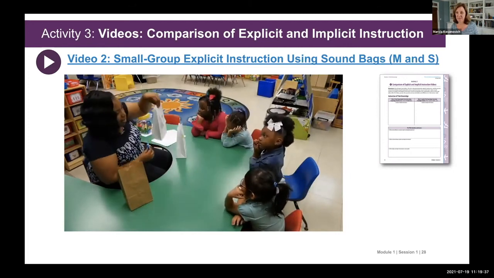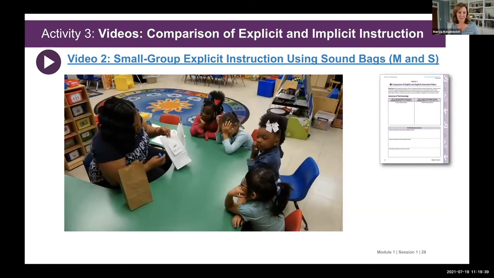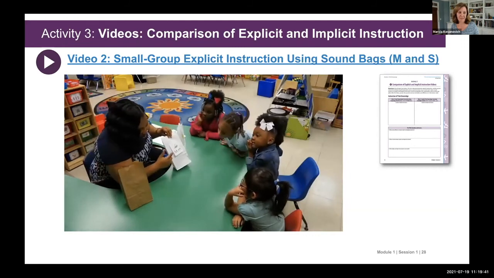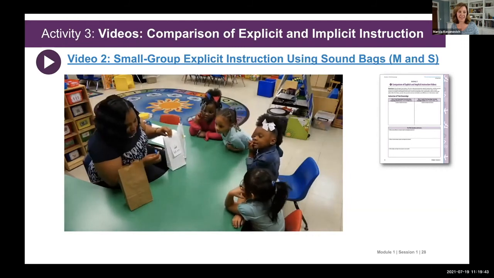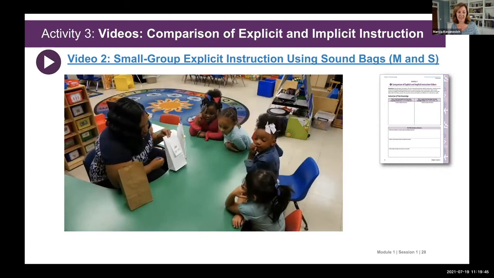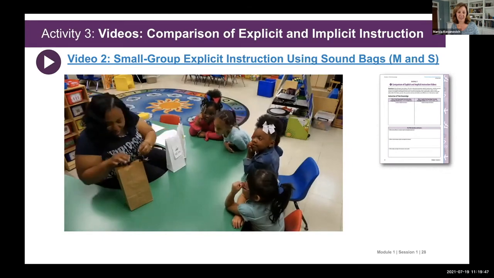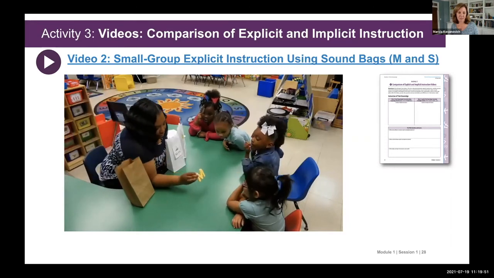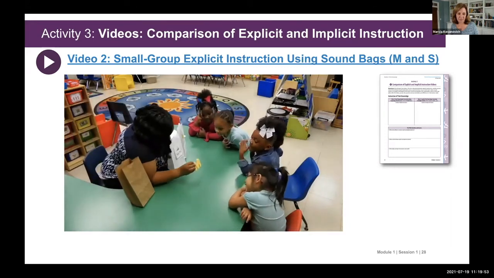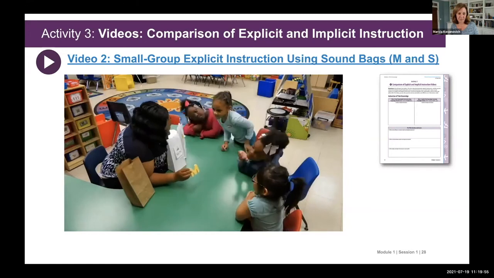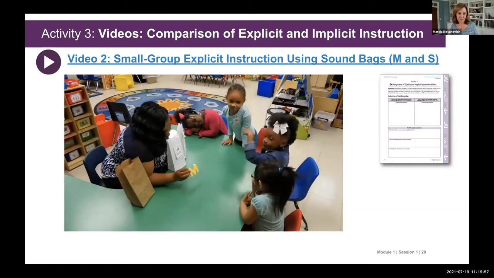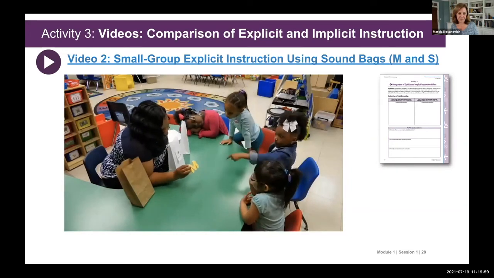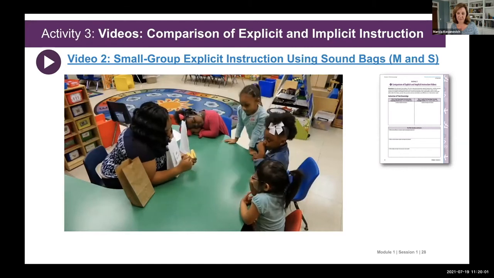What letter is that? W? You think it's W? Or is it an M? What do you think? Let's see. What letter do you think this is? M. This is the letter M. Can you trace it with your finger?